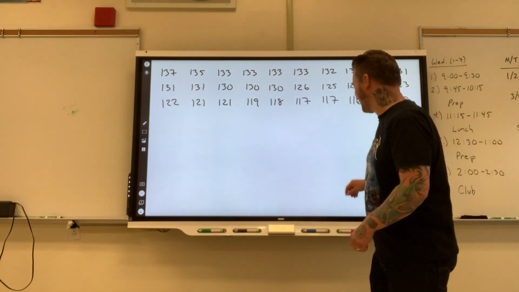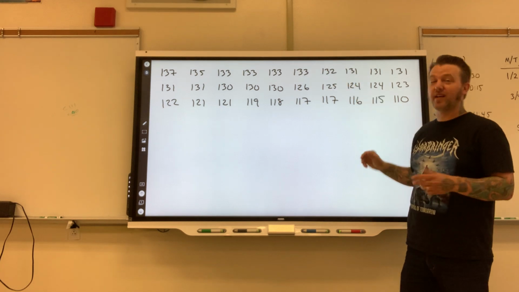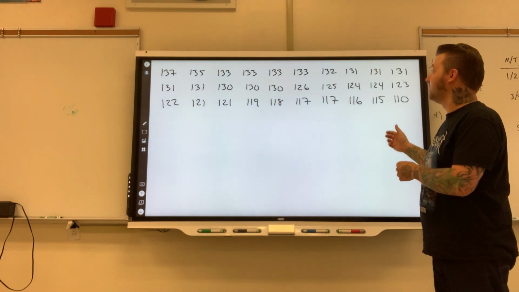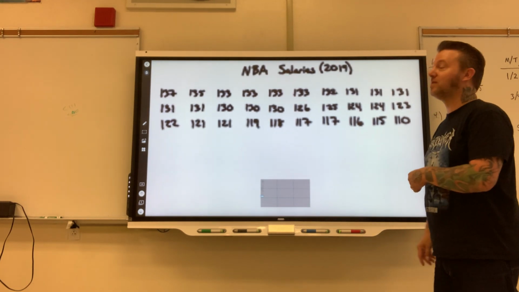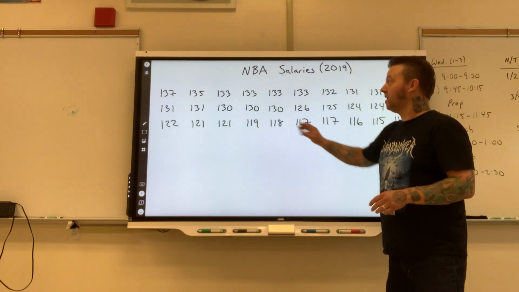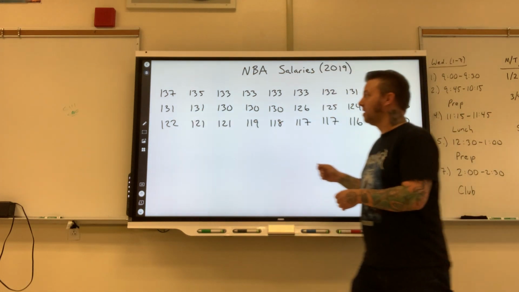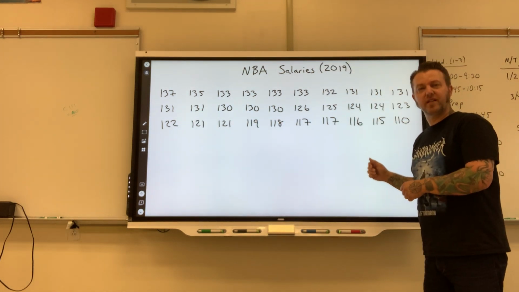We're still learning statistics. So, again, data, lots of it, nothing about it, we don't know what it is, so let's find out. Oh, there we go, NBA salaries from 2019. You'll notice these look different than the ones we did last time.